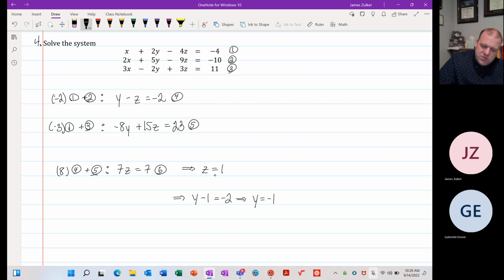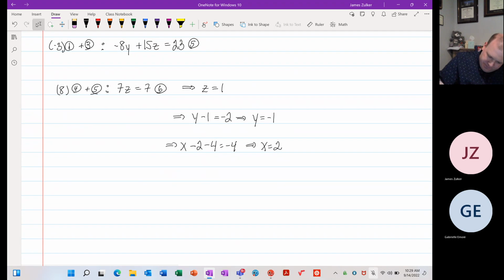Now take both of those, plug them into one of the original 3. That first one would probably be the easiest. And we'll wind up with x equaling 2. So our solution is the ordered triple, 2, -1, 1.